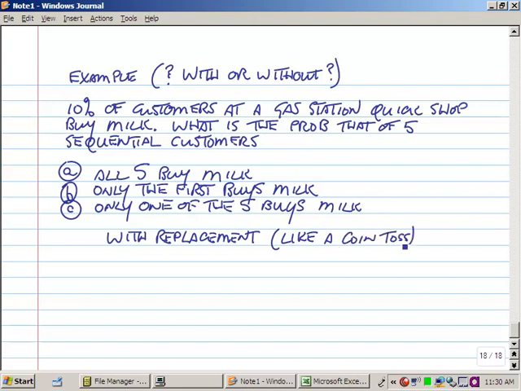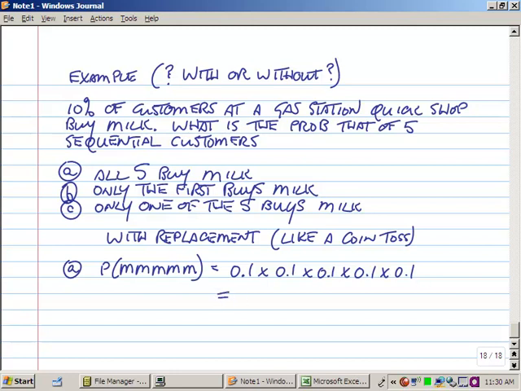So, A, all 5 buy milk. So, milk, milk, milk, 1, 2, 3, 4, 5. That's first one is 10%, second one is 10%, third one is 10%, fourth one is 10%, fifth one is 10%.